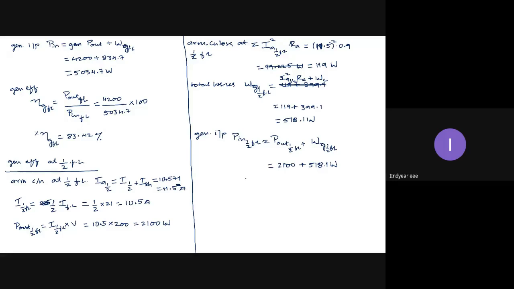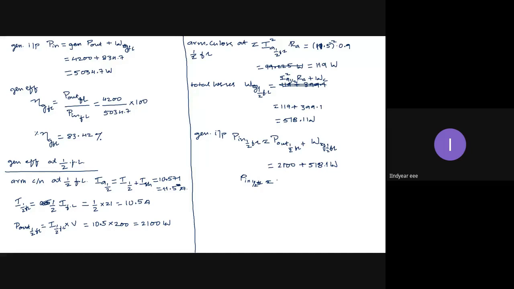So P in at half load is, yes, how much? 2618.1.